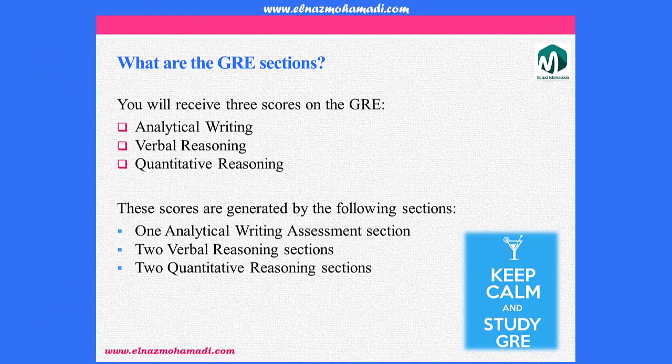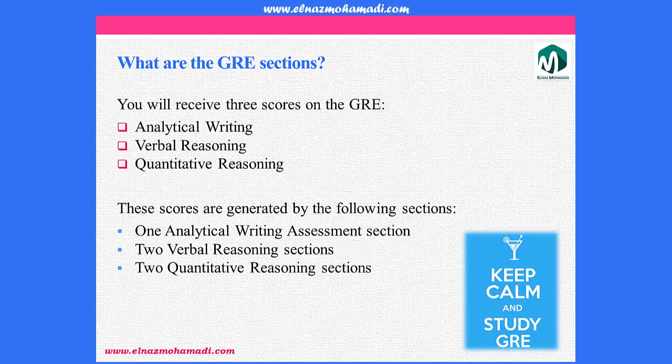What are the GRE sections? You will receive 3 scores separately on the GRE: analytical writing, verbal reasoning, and quantitative reasoning. These scores are generated by the following sections: 1. Analytical writing assessment section, 2.